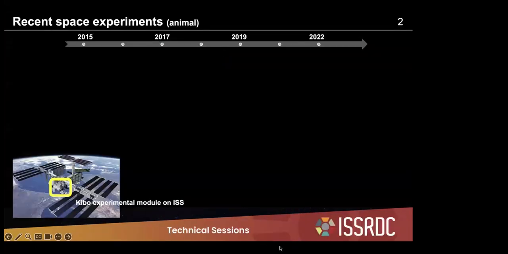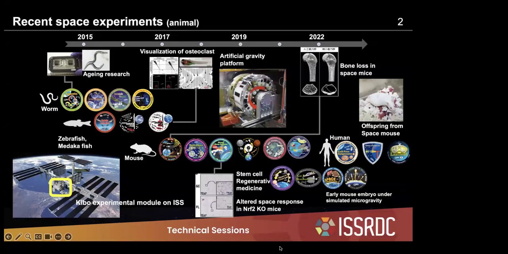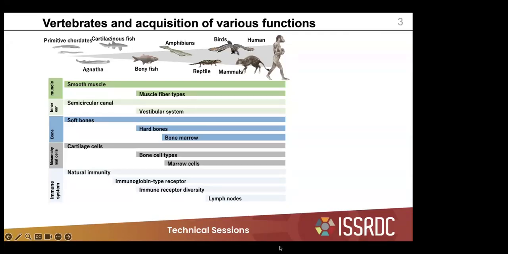This slide shows a collection of JAXA space experiments on ISS, including worm, fish, mouse, and human. During the course of our integrative analysis, we noticed a potential link between space phenotype and evolution.